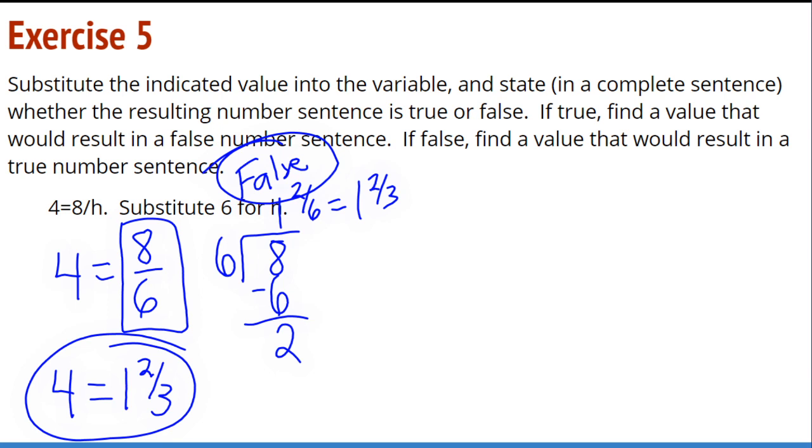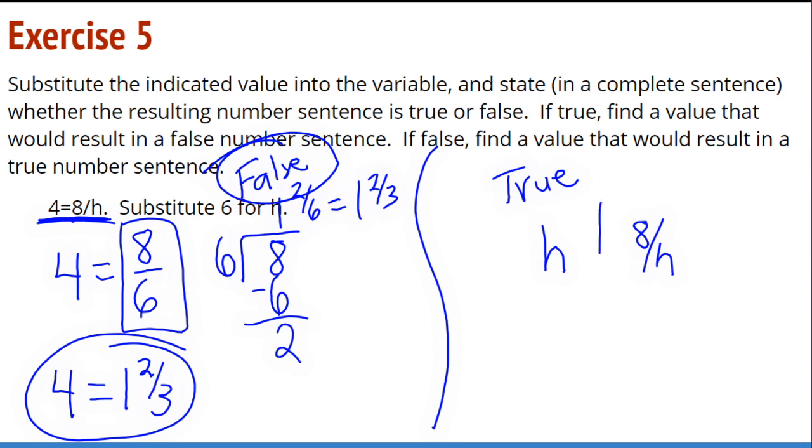So I need to come over here and come up with a true statement, and I need to find a number that I can substitute for h so that when I divide 8 by it, I will get 4. So I've got h, and I've got 8 divided by h, and I am looking for a situation where I would be left with a value of 4.